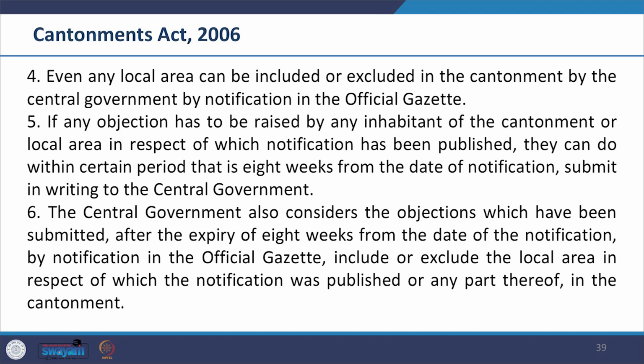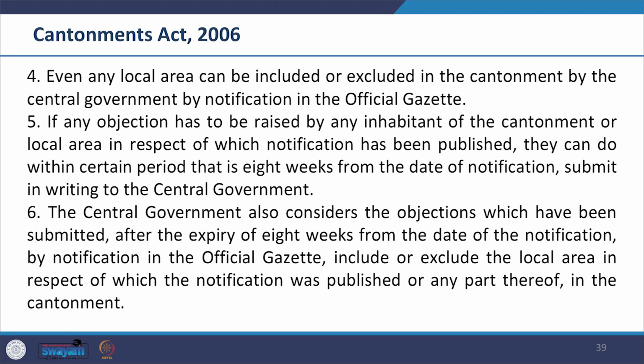If any objections have to be raised, you see there's a provision for objection. So any objection that has to be raised by an inhabitant of the cantonment or the local area in respect to this notification can be made within a certain period. The period prescribed at this time is 8 weeks from the date of notification.